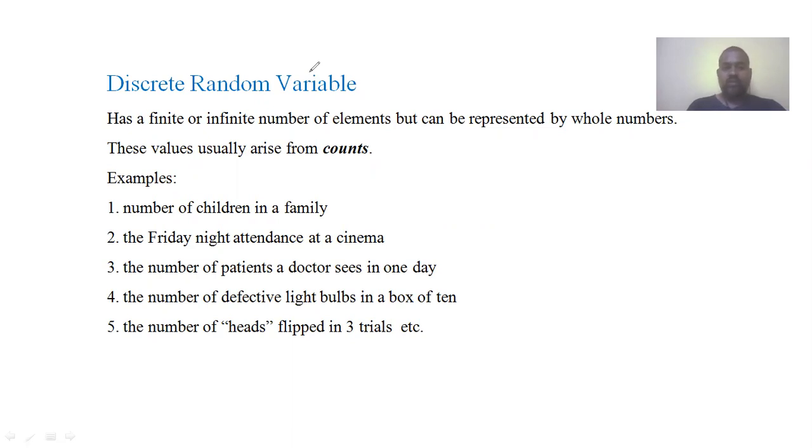For example, the number of children in a family: we can count 4 children, 5 children. So that is a discrete one. Friday attendance at a cinema is another example. These are discrete counts which are countable, so we call this type a discrete random variable.